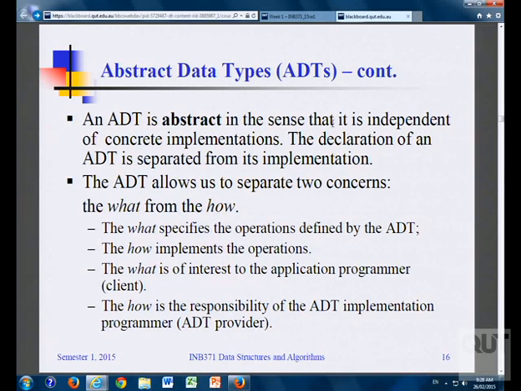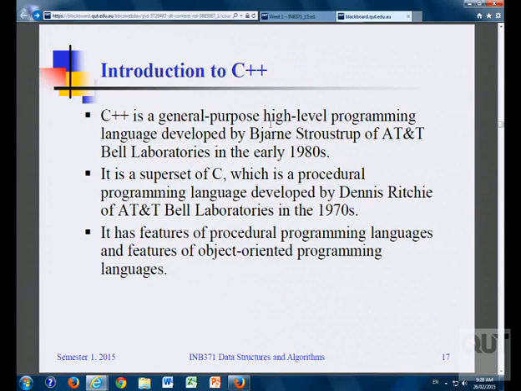It only specifies the operations without any implementation details. The implementation is put in another file, a CPP file, or C++ program file. So in the header file, you can only see the interface, the prototypes.